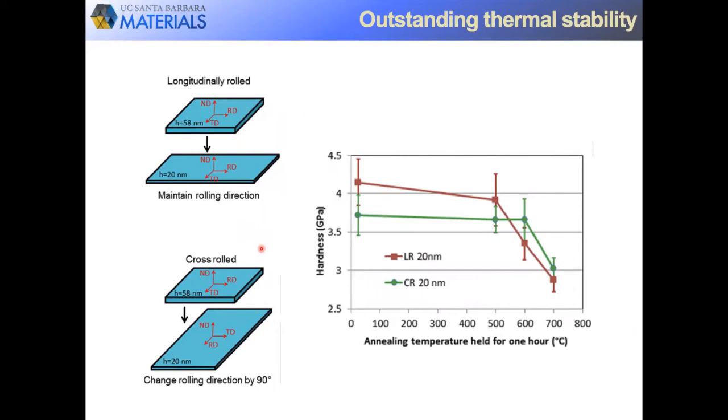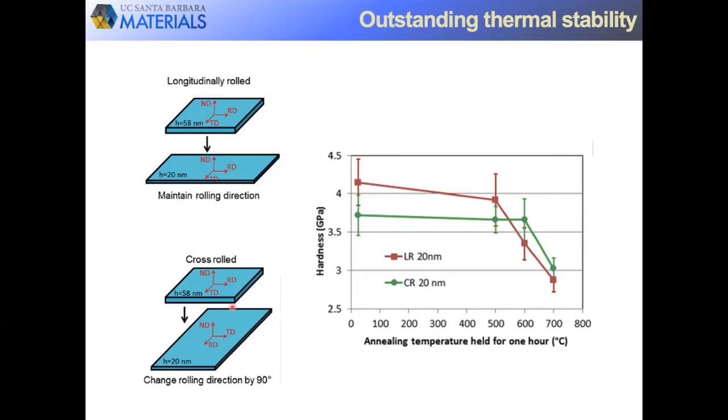Going along with the idea that the grain boundaries are these weak points, we then tested this by changing the rolling schedule. Up till now, all these materials were longitudinally rolled. So we then changed the rolling schedule to cross roll in the last few steps in order to change the morphology of the grains within the layers.